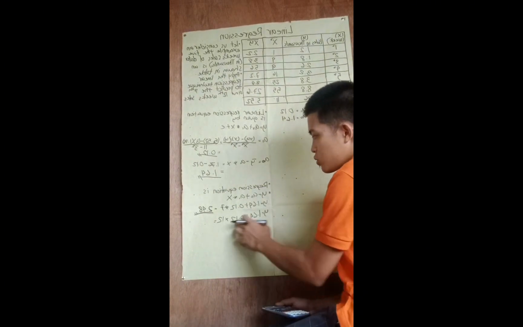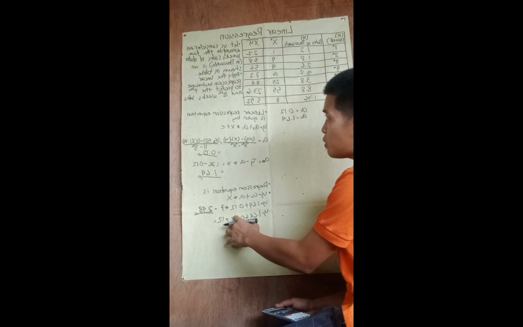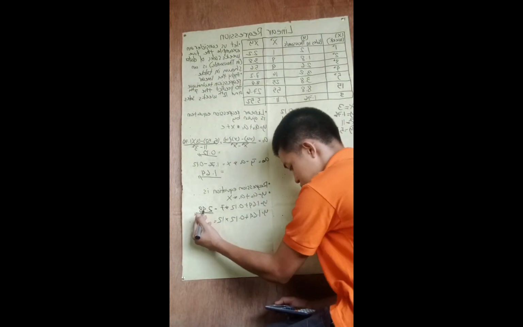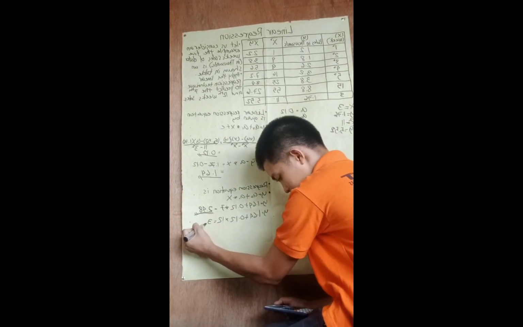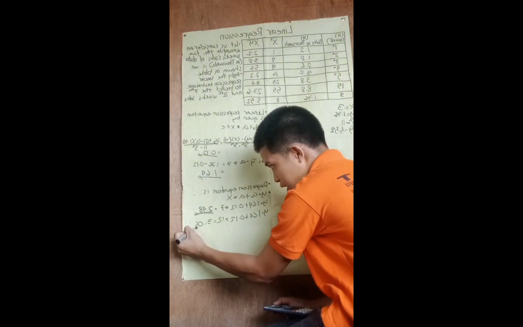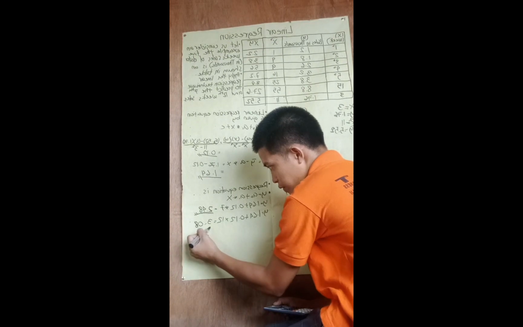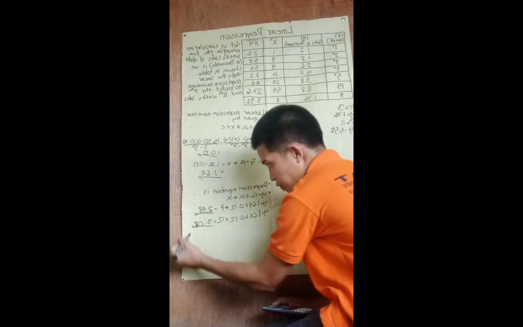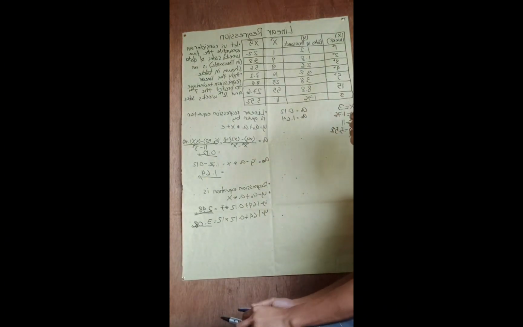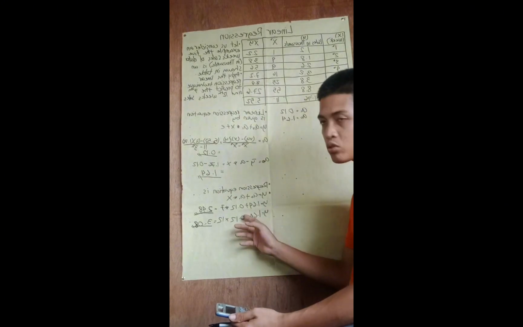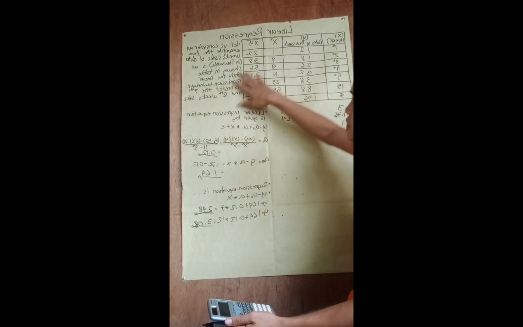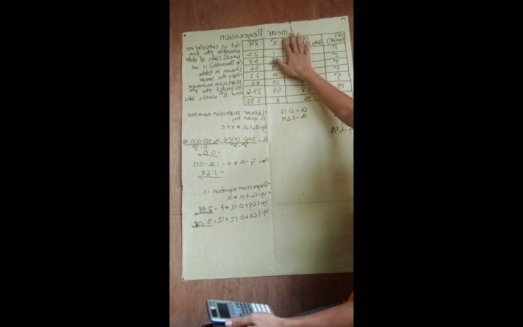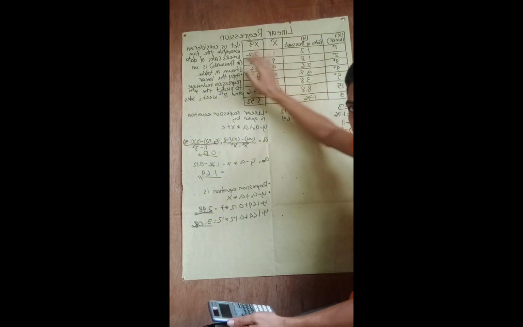The 12 weeks of sales is 3.08. So this is how to solve with the independent variables.